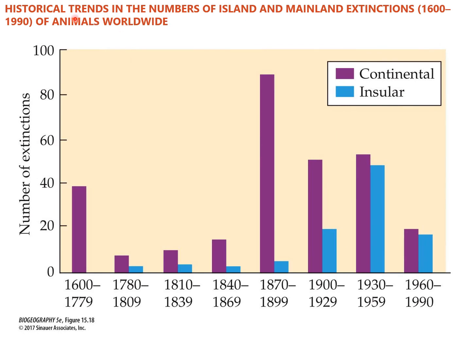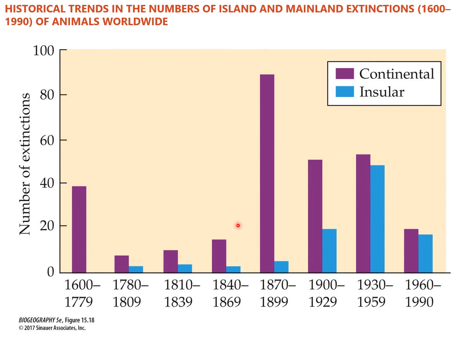Historical trends. Here we're looking at historical trends in the number of island and mainland extinctions, and this is over time. And basically you're seeing an interesting trend, where up until about 1900 or the late 1800s, most of the extinctions were in continental environments compared to island environments.